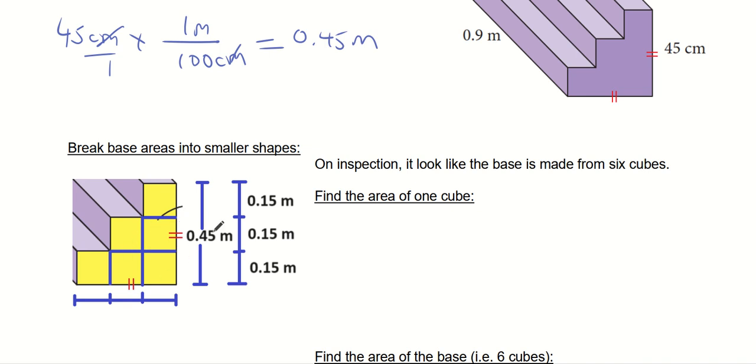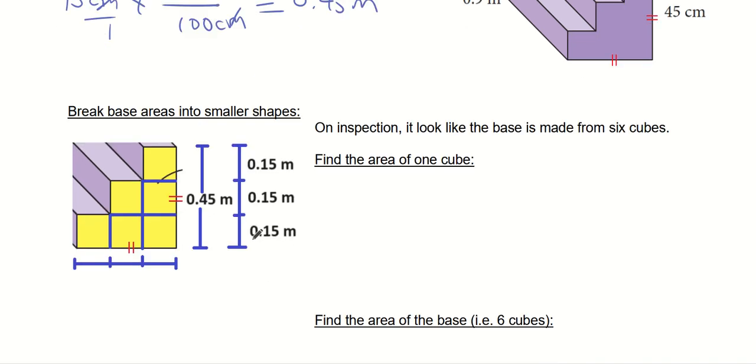So I decided to divide 0.45 by 3. When I divide 0.45 by 3, I get 0.15, 0.15, 0.15. That's the assumption I made, and if you come across a problem like this, then you probably should do the same.